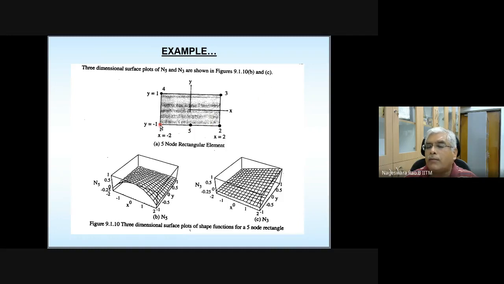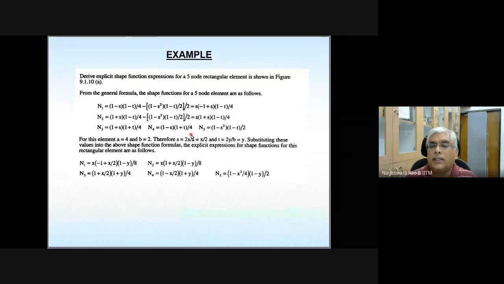If you want to derive N1, include the x is equal to 2 term, y is equal to 1. So x minus 2, y minus 1 should be there, and x is equal to 0. So N1 should consist of x minus 1, y minus 1, and x term. So let's see here.